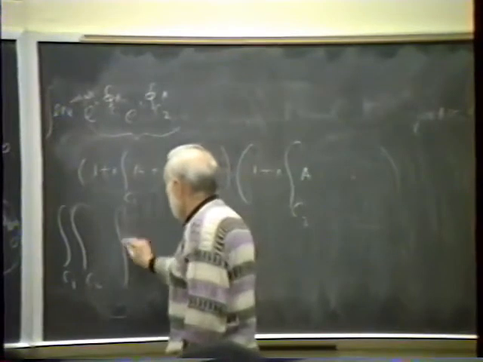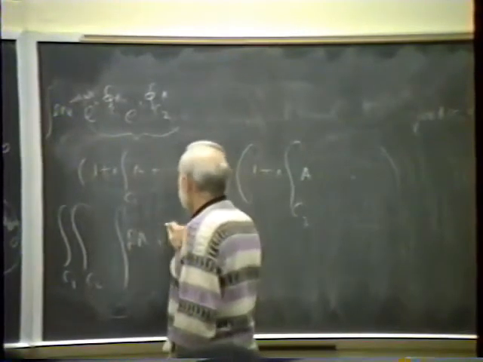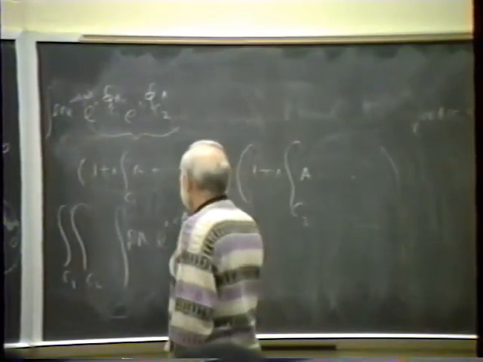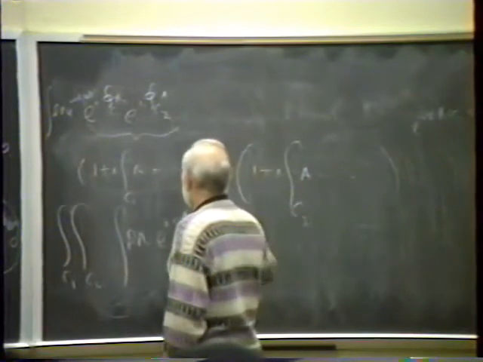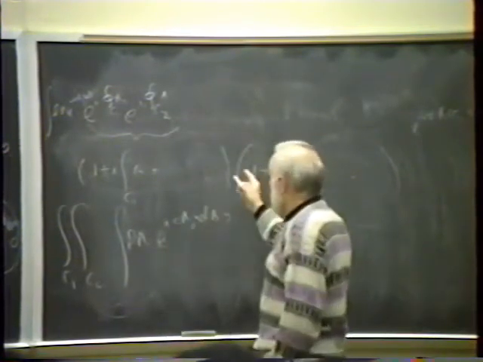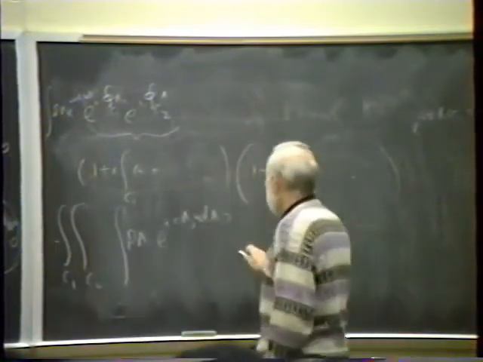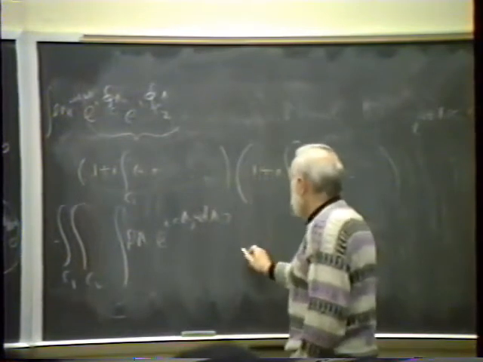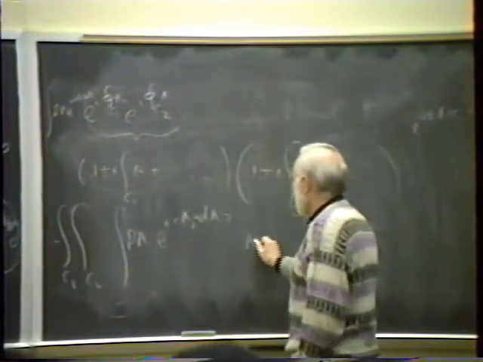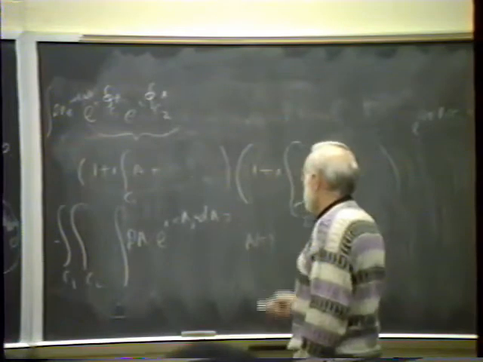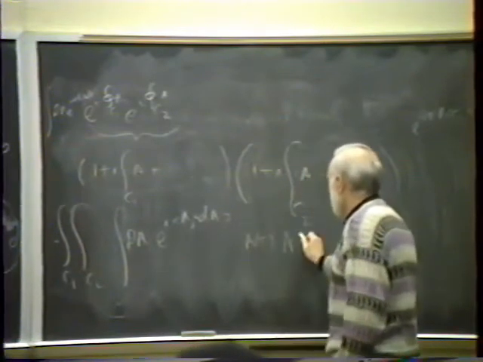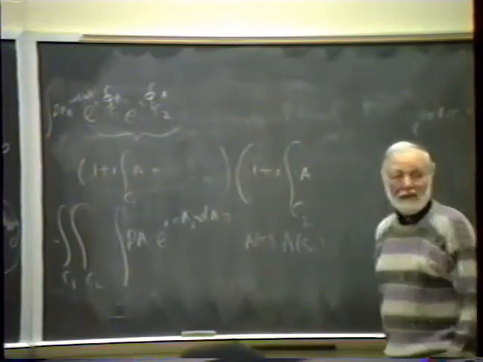Then I have this big path integral. And here, two i's make a minus sign, I'm going to get a term which is A at a point on one curve times A at a point of the second curve.